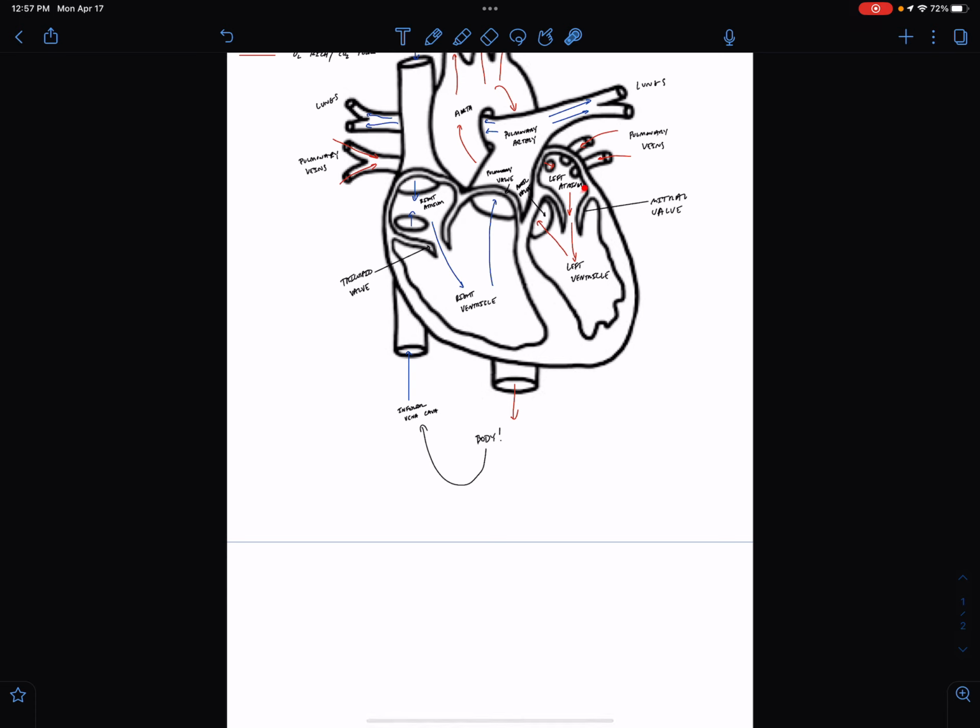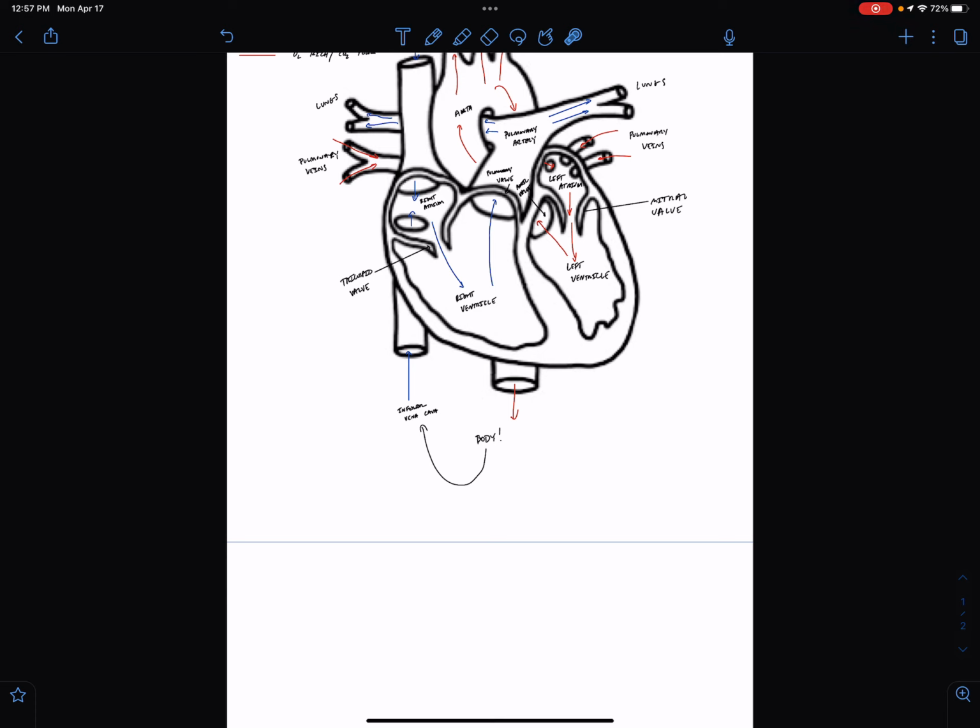So it squeezes here, and then the heart squeezes here, and that squeeze forces blood back up and out the pulmonary artery and the aorta. And the dub sound of the lub-dub is the aortic and pulmonary valves closing.